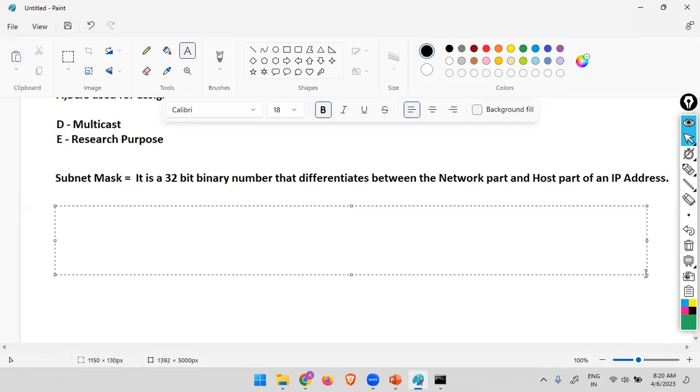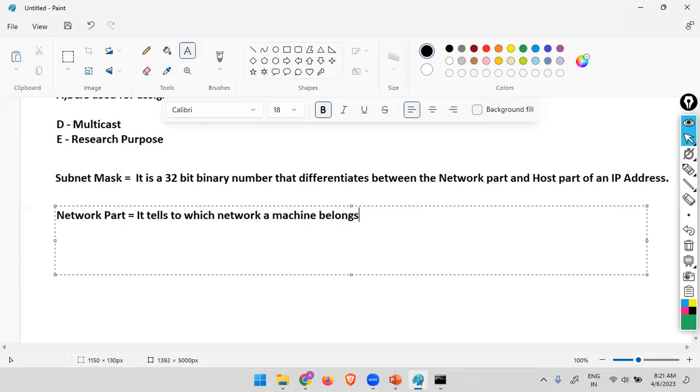Okay. Then what is the network part, or network bit? It tells to which network a machine belongs.